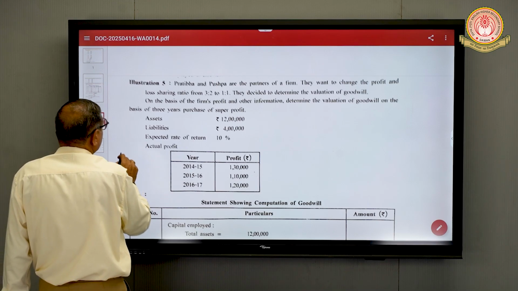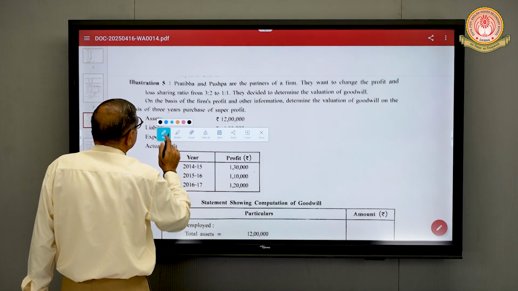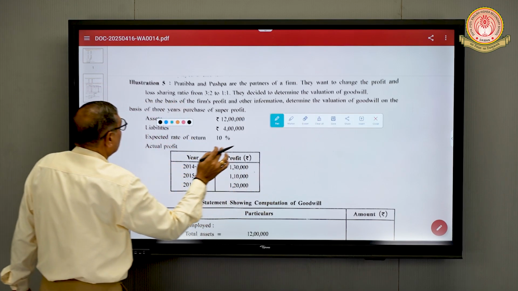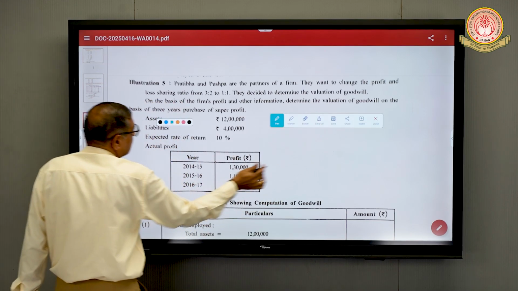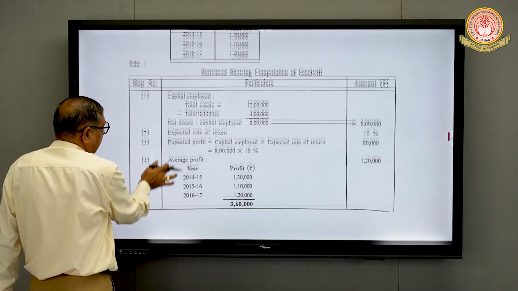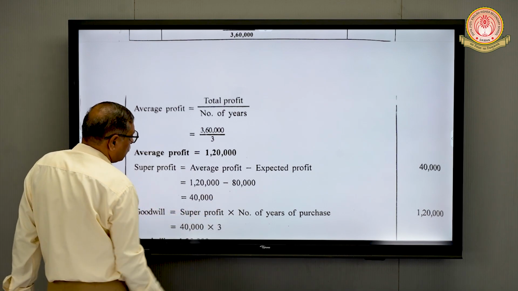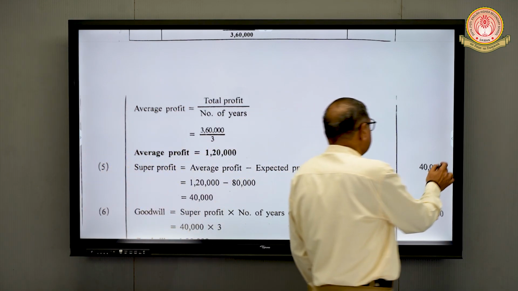So we have to take 3 years purchase of super profit. Super profit into number of years purchase.